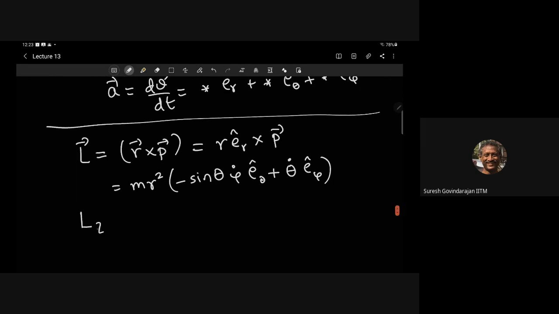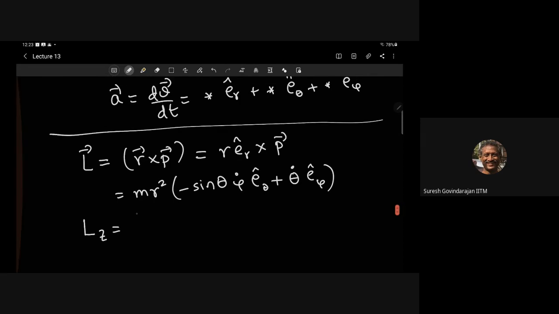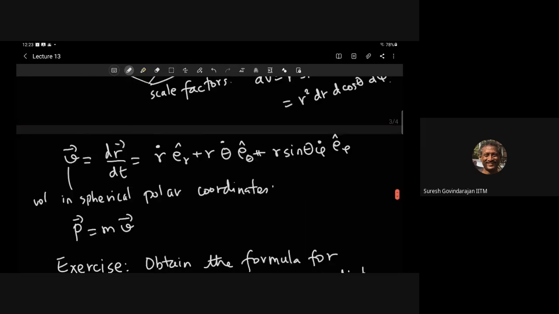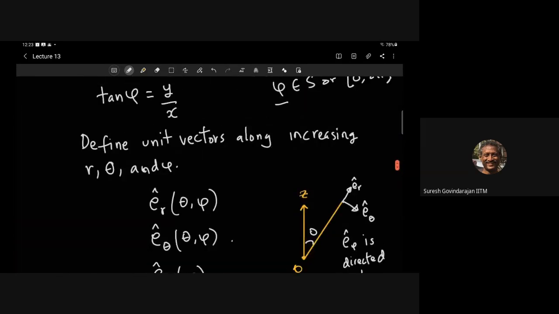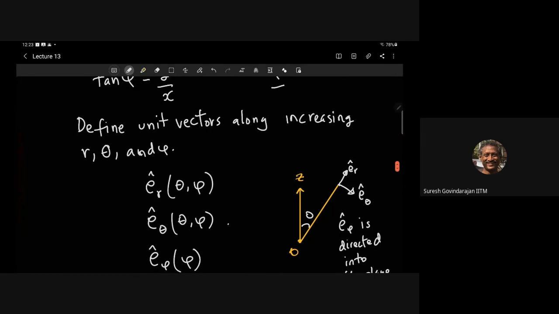Let's say we want to compute L_z. Now that is a little bit more involved. It's just e_z, the unit vector along the z direction, dotted with L. Now you need to know what e_z dot e_theta is, and what e_z dot e_phi is, but that's again very easy if you go to the picture that we have.